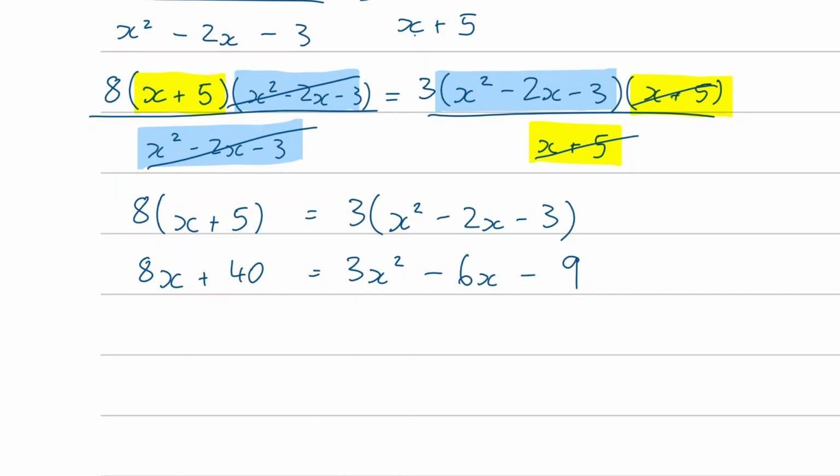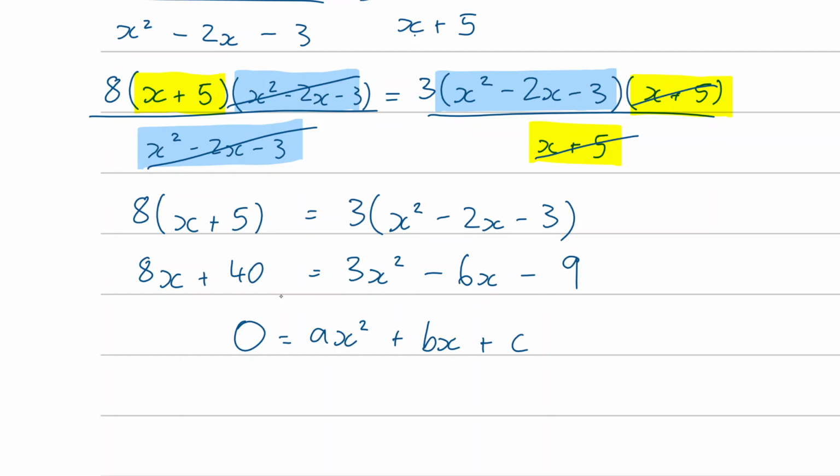I know how to do that. Well, hopefully you do, but no, let's not factorize yet. We need to get it into standard form. Standard form is where our quadratic is equal to 0. Right now, it's equal to 8x plus 40.